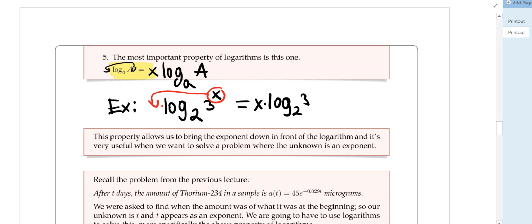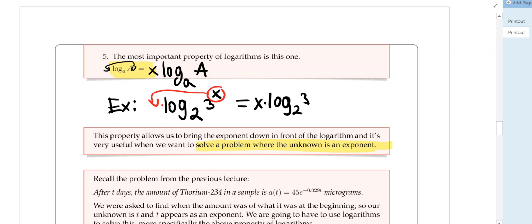Okay? This property is very important because every time we want to solve problems that have the unknown as the exponent, we're going to have to use this rule to bring the exponent down and then solve it, because we are comfortable solving when x is just regular, not an exponent, right?